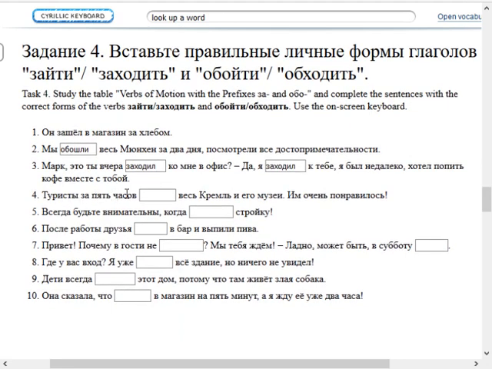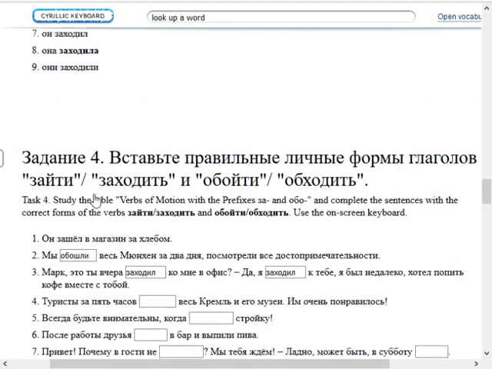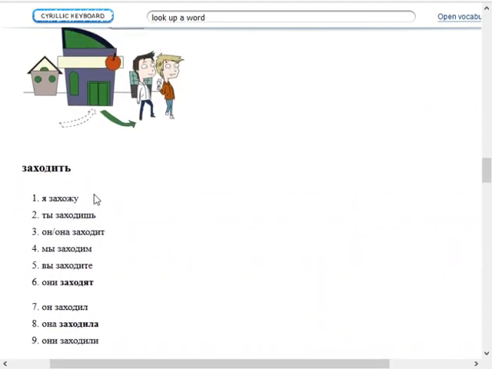Туристы за 5 часов something вид Кремль и его музей. So again, I'm going to say, since they were at the Kremlin, they walked around the entire Kremlin. So, туристы, the tourists, again, it's plural past tense.